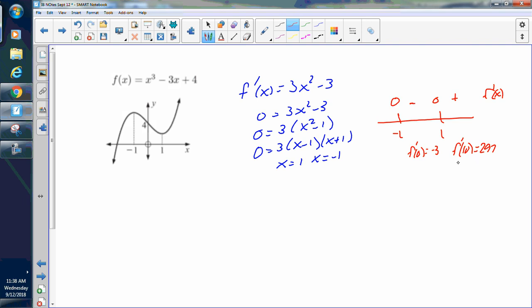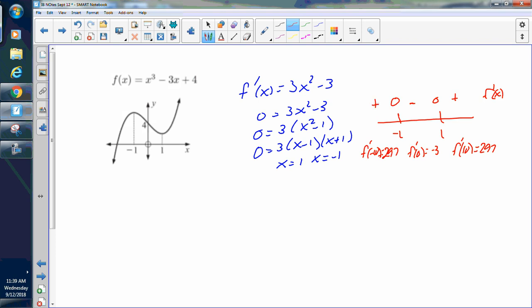Now you don't need to write what you're doing as your calculation. Just randomly pick a number. Carry out the arithmetic in your head or with a calculator. Determine positive or negative. So a number on the other side, like f prime of, let's use -10. -10 squared is 100, 300, 297 again. Positive.